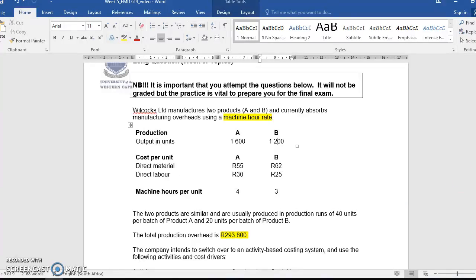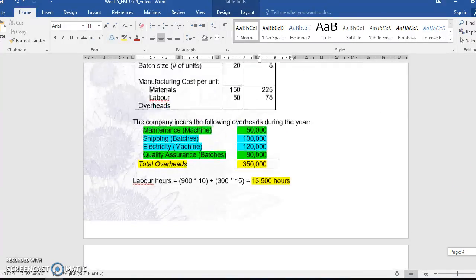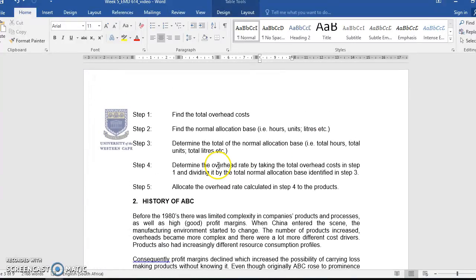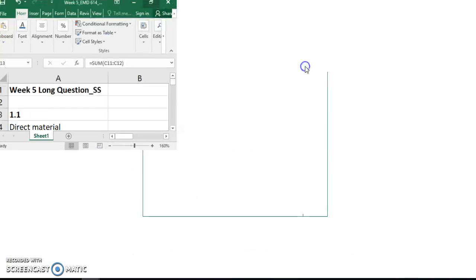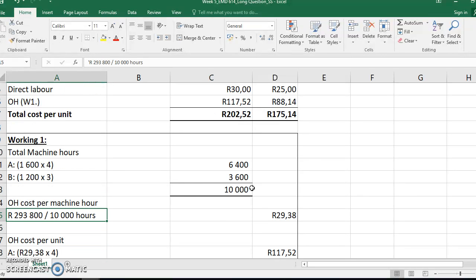Let's remind you of the next step, which is to determine the overhead rate by taking the total overhead cost from step 1, dividing by the total allocation base. The total overheads is 293,800, and the total allocation base is 10,000.